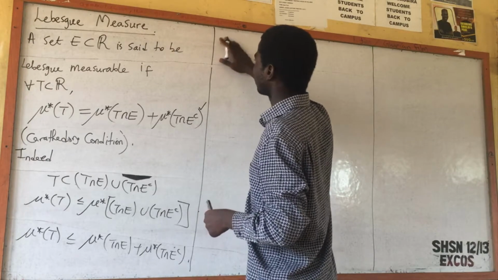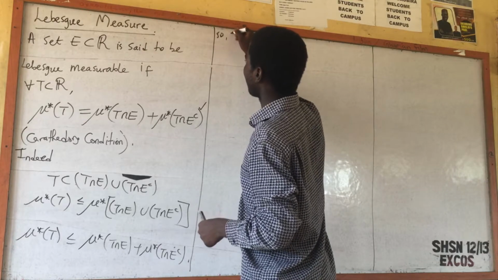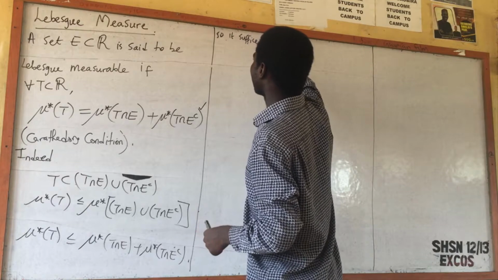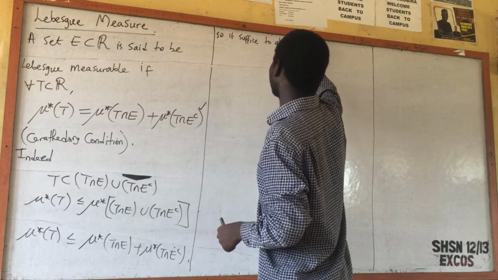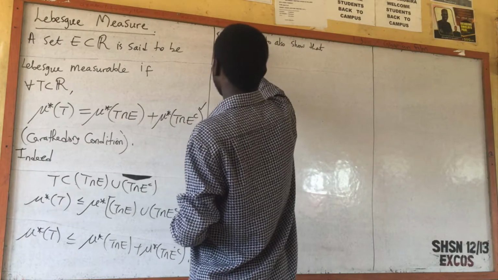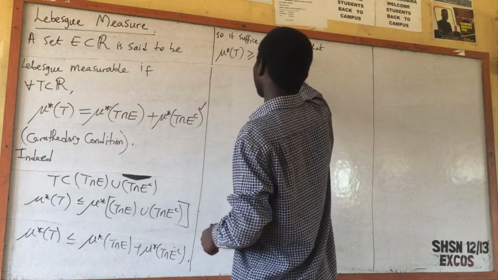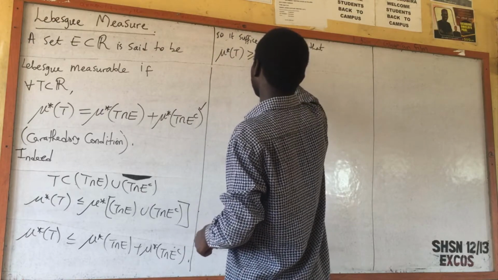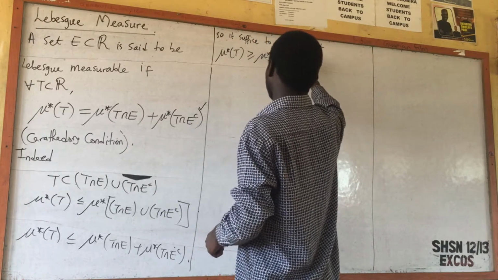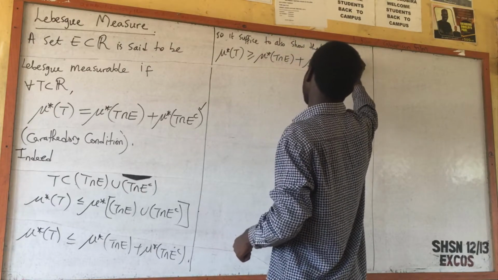So it suffices to also show that the outer measure of T is greater than or equal to the outer measure of T intersection E plus the outer measure of T intersection E complement.